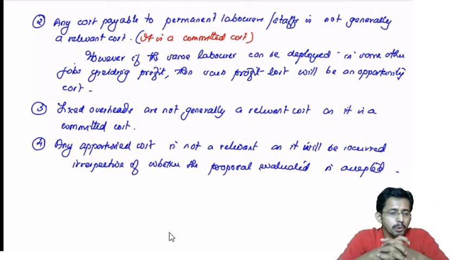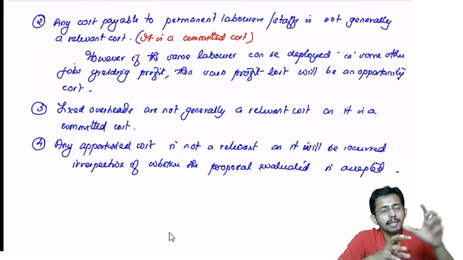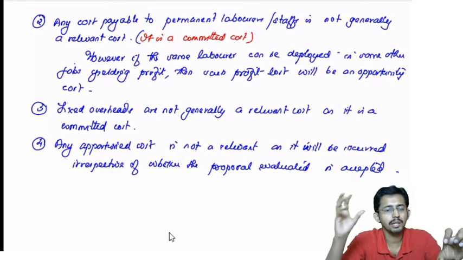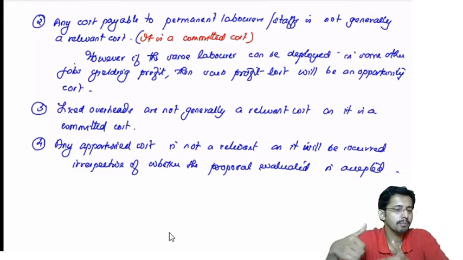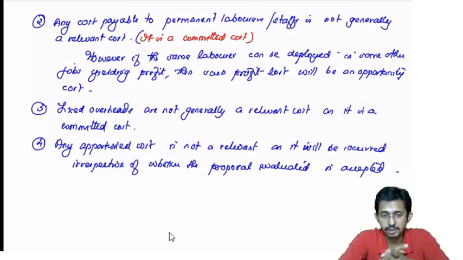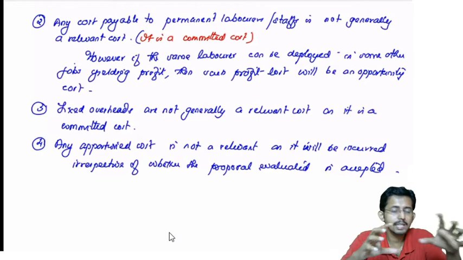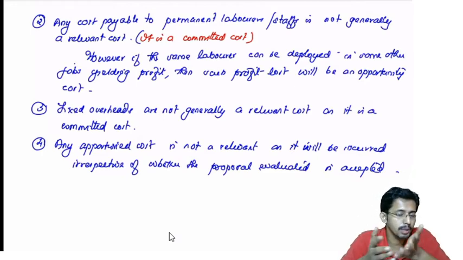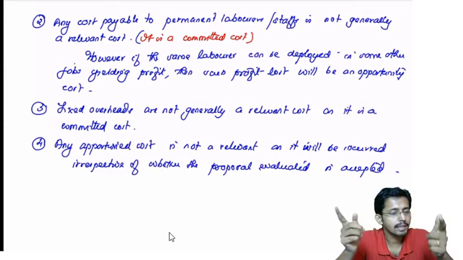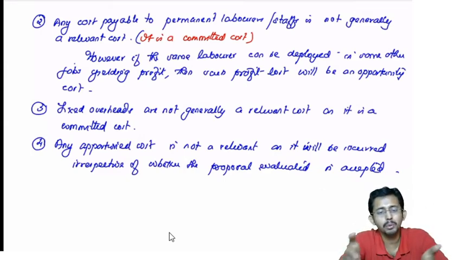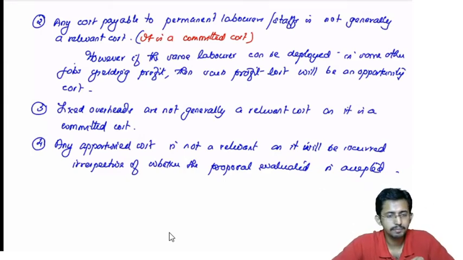Generally, you will take this apportioned cost of head office expenses as a cost item for pricing your products in case of long-term decisions. But when it comes to short-term decisions, when you compute the relevant cost, such apportioned cost is not relevant, because on one side it is incurred by someone else, and that apportionment will happen whether or not you accept this particular contract. Is it clear? So it is not a relevant cost.